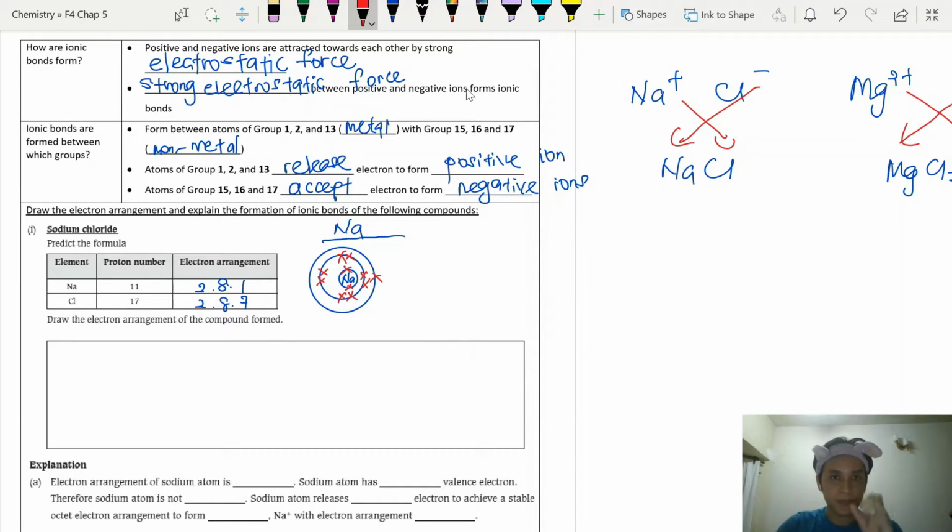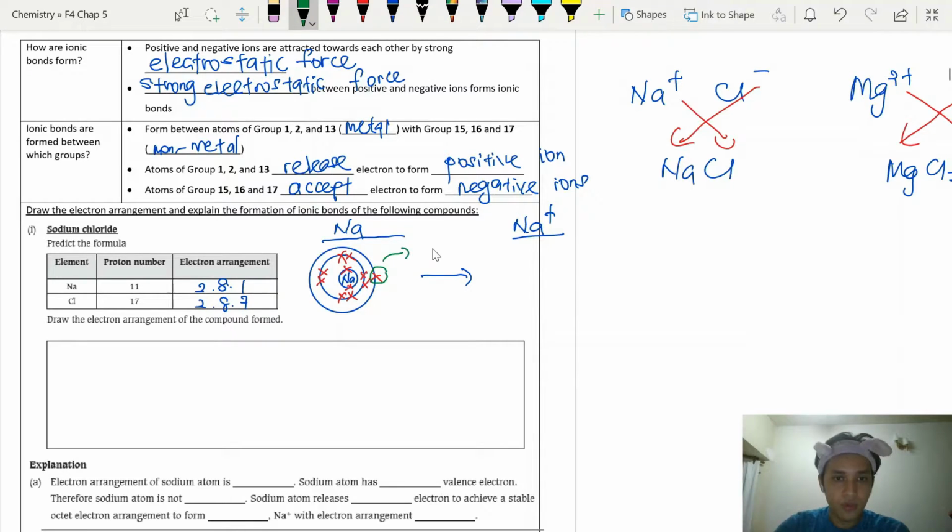One valence electron. We know they are going to change into sodium ion. How do they change is that they are going to release 1 electron to form sodium ions.